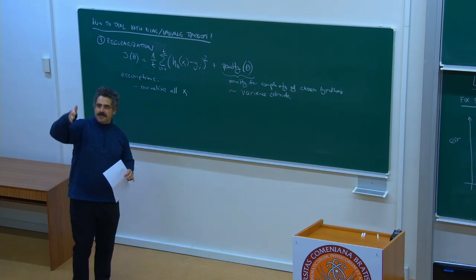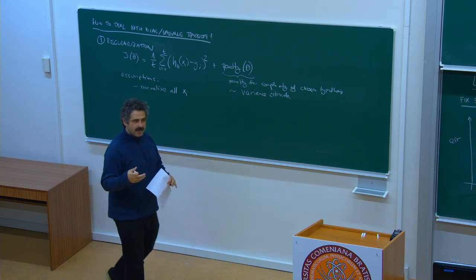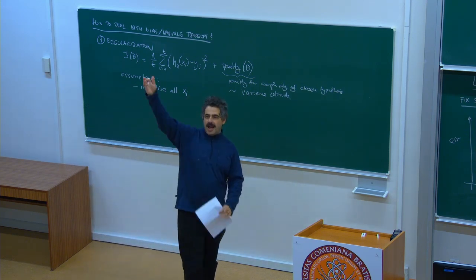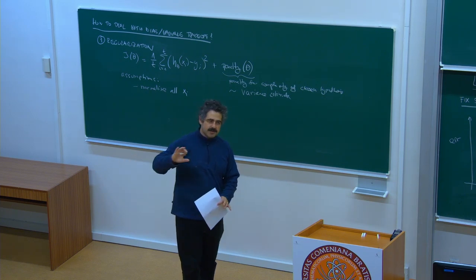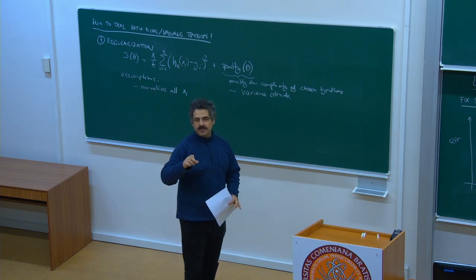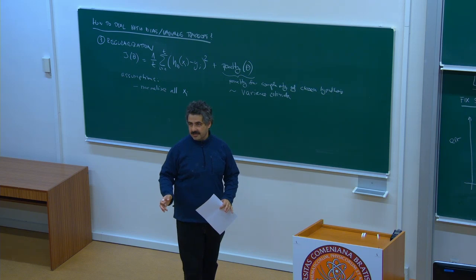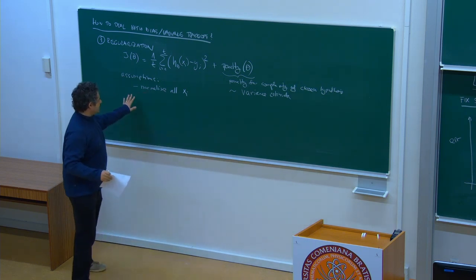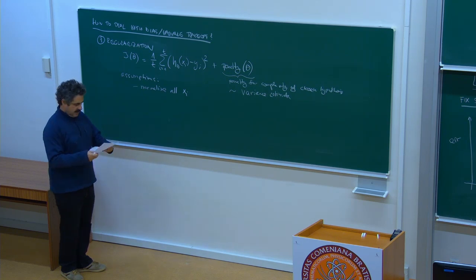That means there are no features that are very large compared to the other ones. We assume that all of the features have mean 0 and standard deviation 1 or something like that. That's necessary for these things to work.